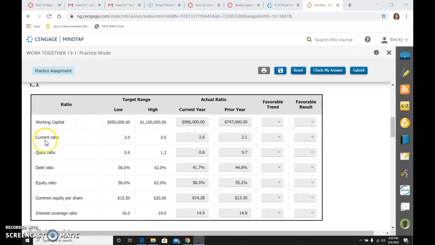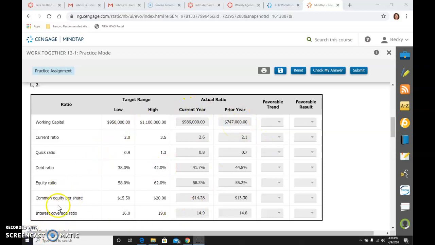So for working capital, these first three are your short-term financial strength ratios. The final four are the long-term financial strength ratios. And again, it's our ability to generate enough cash to pay short-term obligations, liabilities, and then to pay long-term obligations or liabilities.